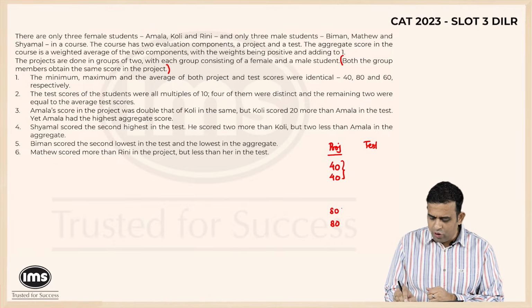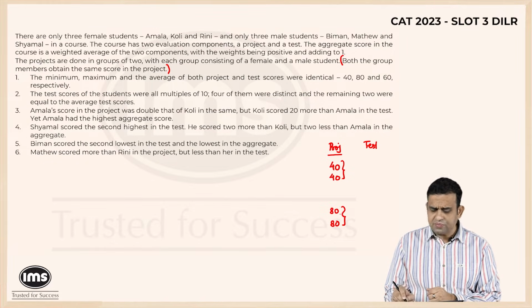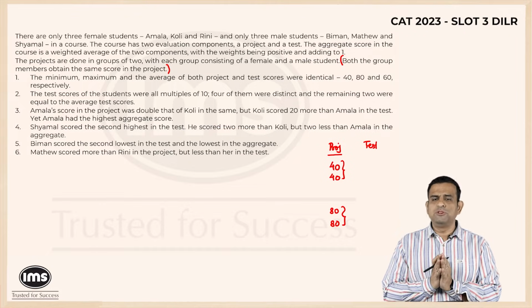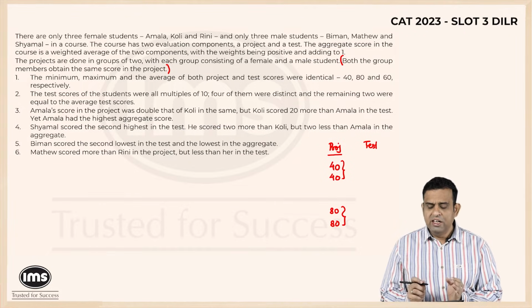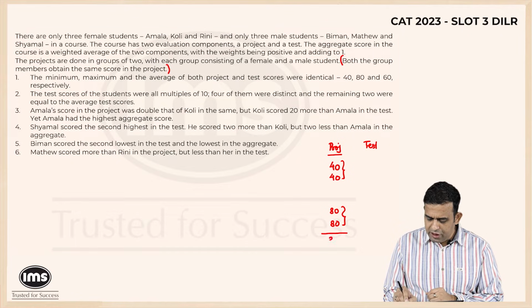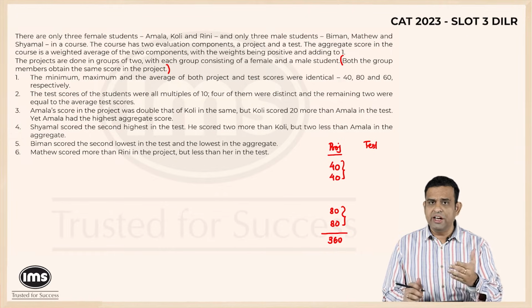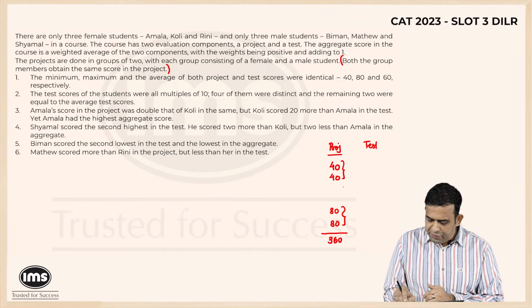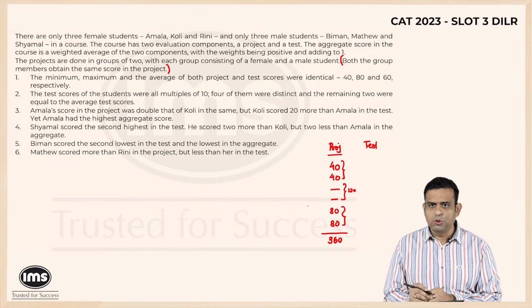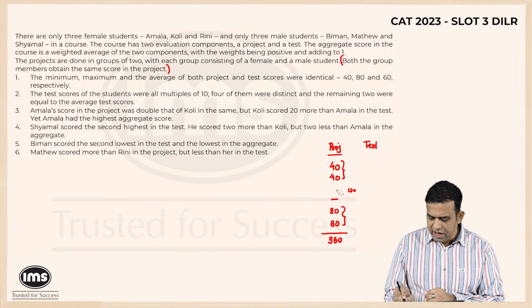So we are going to have 2 40s and 2 80s. And since the average happens to be 60, that means the total must be equal to 360. Right now you can see 120 plus 160 will give you 240, which means another 120 has to come, and these 2 scores are also going to be equal, which has to be only 60 and 60 over here.